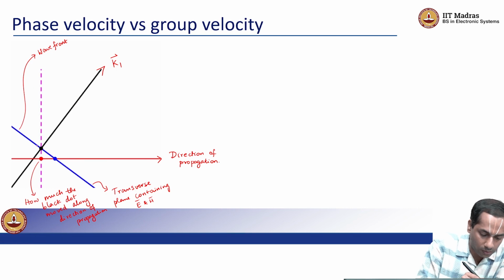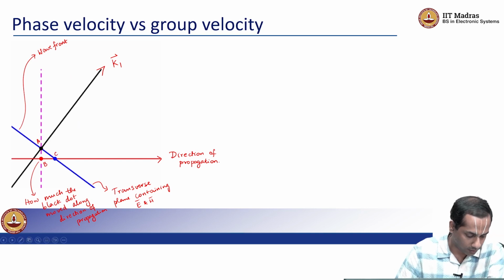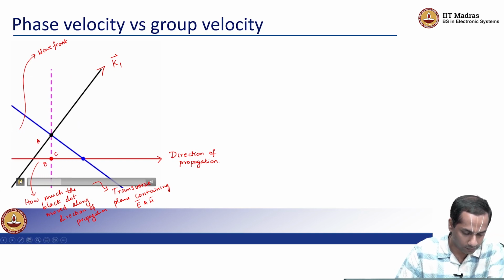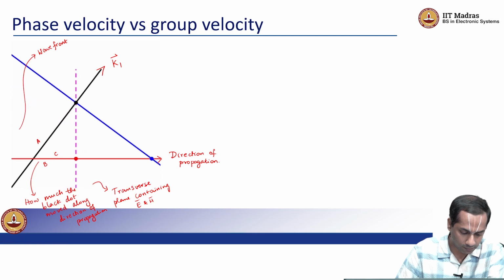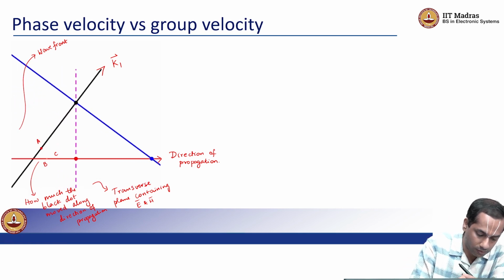Let us call these points A, B, and C. The points were somewhere here, here, and here.